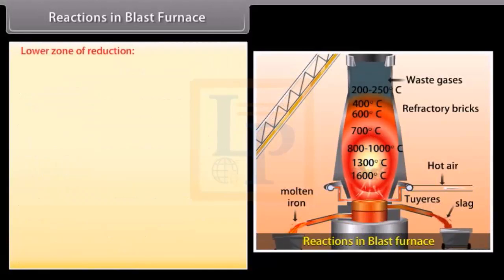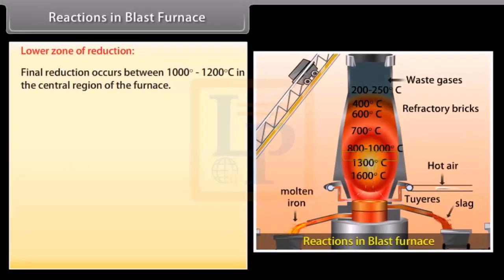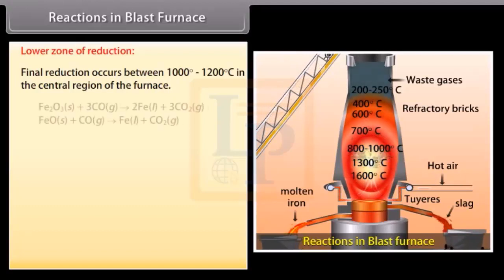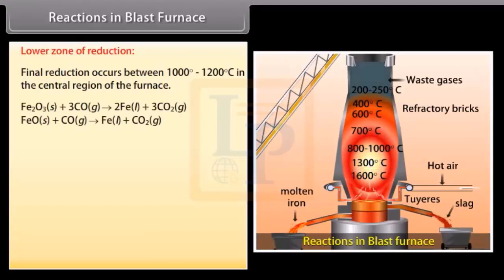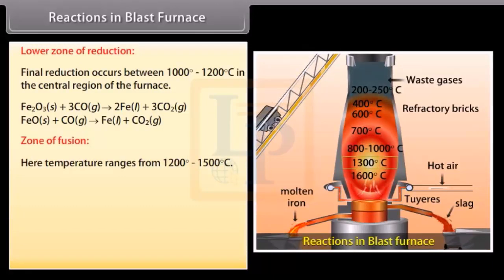Lower zone of reduction. Final reduction occurs between 1000 and 1200 degrees Celsius in the central region of the furnace. Carbon obtained by dissociation of carbon monoxide combines with iron, and impurities also get dissolved in molten iron. Zone of fusion. Here, temperature ranges from 1200 to 1500 degrees Celsius.